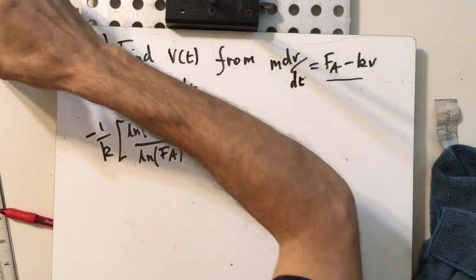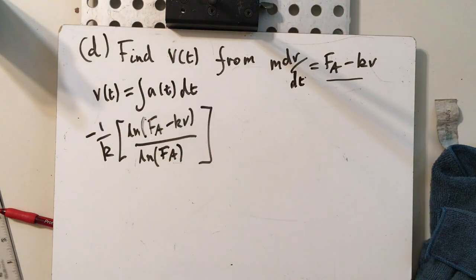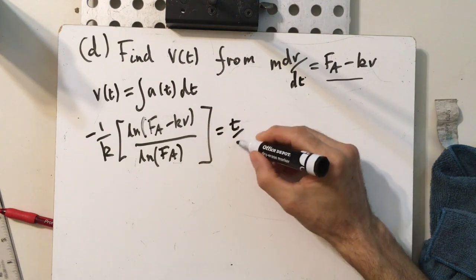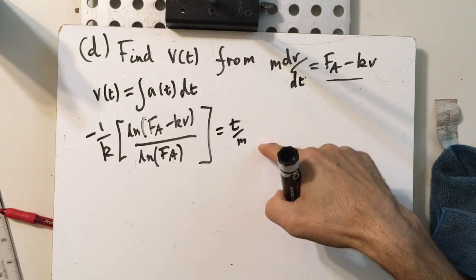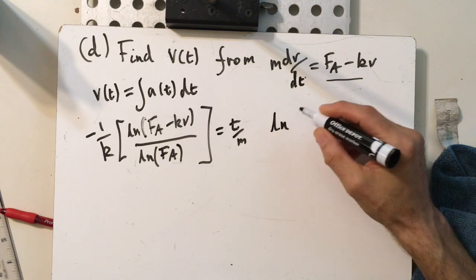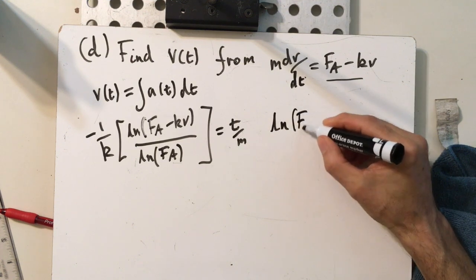Okay, so here I have what I ended up with a moment ago, and I know that that is equal to t over m. So I'll put my negative k over here, and then I have a little bit cleaner looking expression.